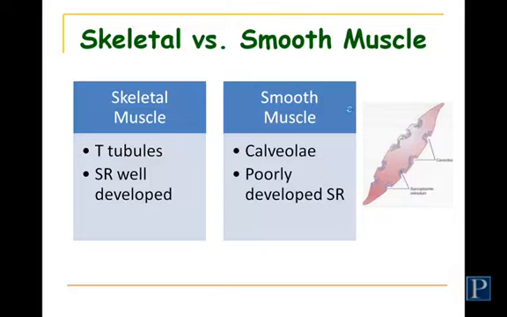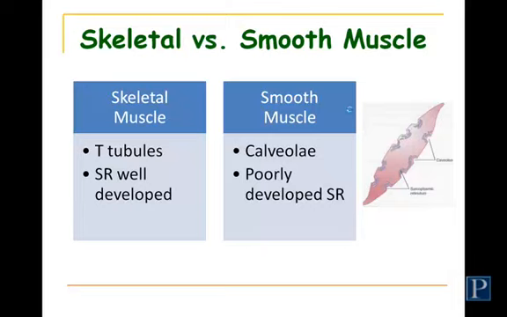The T-tubules were invaginations of the sarcolemma, allowed us to transmit that depolarization wave deep into the skeletal muscle, where then it triggered the release of calcium, which was very important with muscle contraction.